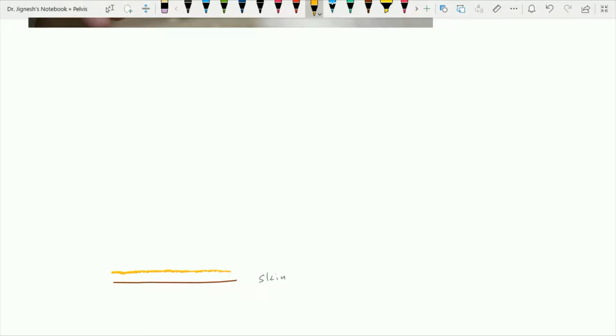And deep to that, one more layer of the superficial fascia lies, and this layer is the deep membranous layer, and this deep membranous layer is the continuation of the Scarpa's fascia of the anterior abdominal wall, and this layer, particularly in the perineum, is called Colles' fascia.